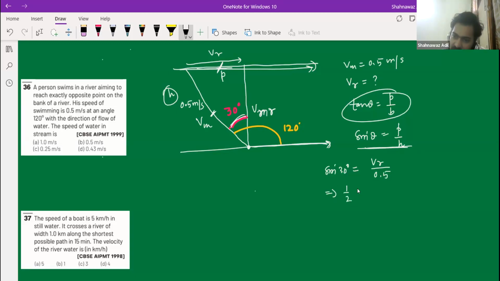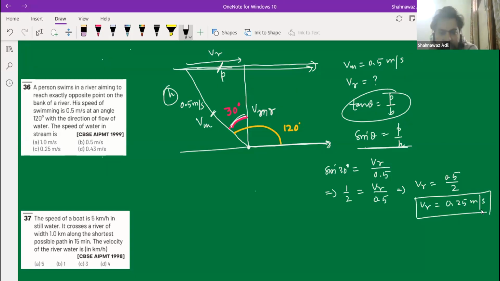That is 1 by 2. And then VR by 0.5. So VR would be 0.5 divided by 2. So this is 0.25 meter per second. This was a simple question, right? Is it clear, guys?